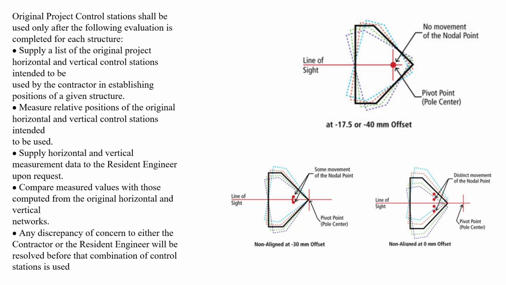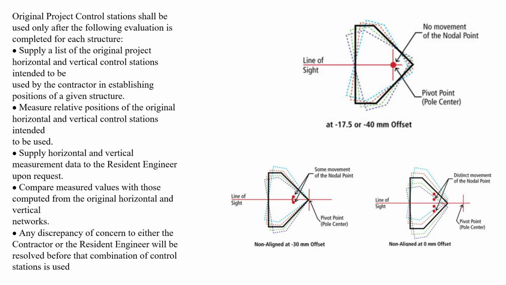Original project control station shall be used only after the following evaluation is completed for each structure. First of all, supply a list of the original project horizontal and vertical control stations intended to be used by the contractor in establishing positions of given structure. Measure relative positions of the original horizontal and vertical control stations intended to be used.